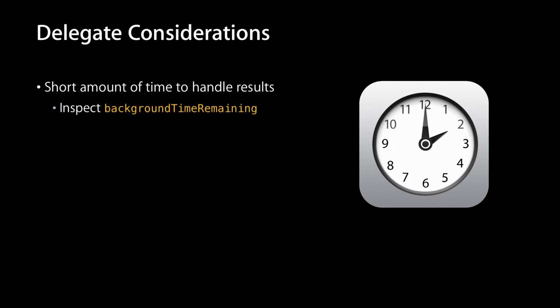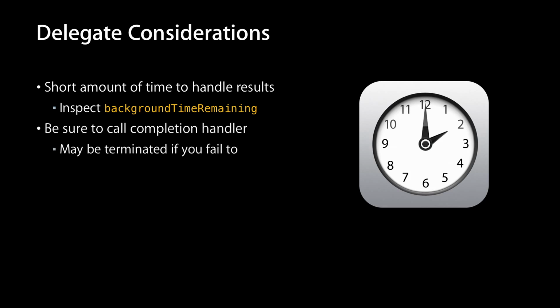You can see how much time you have remaining by inspecting the backgroundTimeRemaining property on UIApplication. And the completion handler that I mentioned, that was passed into this new delegate method, you need to call that when you're done processing the results of this download or transfer, right? If you don't call it, then iOS will terminate your app. We need to hear back from you when you're done. And you want to call it as soon as possible. So you want to do as little work as possible, be finished, and then call the completion handler.